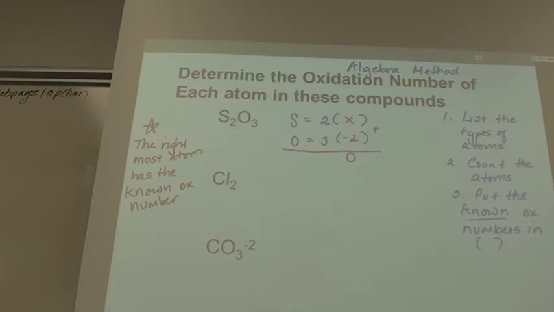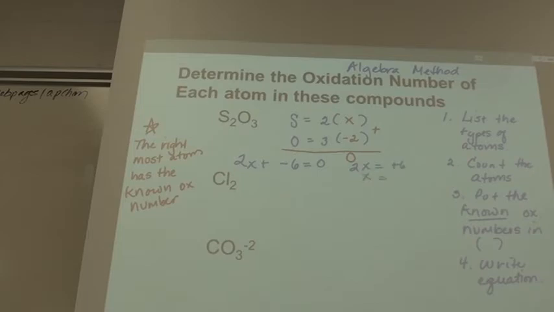So I'm going to make an algebra equation. That's step 4. Write your equation. So 2x plus 3 times -2, which is -6, is equal to 0. 2x is equal to plus 6.